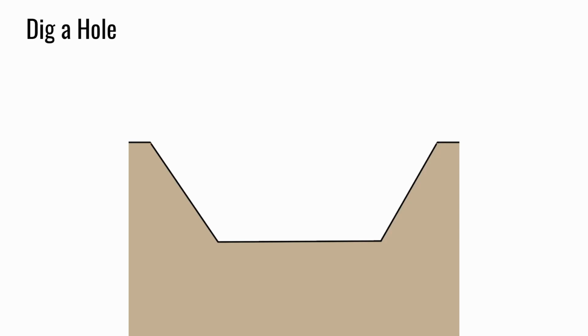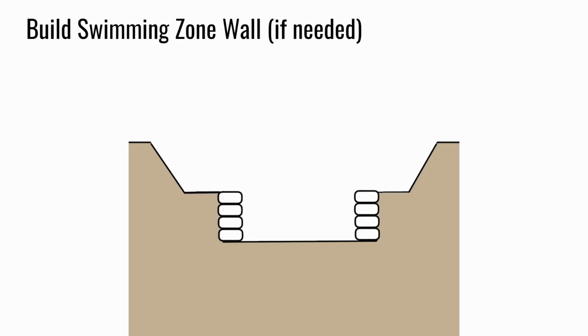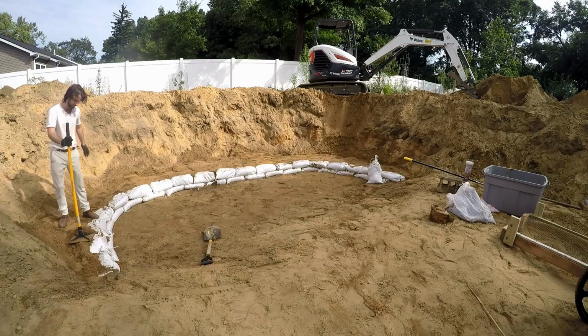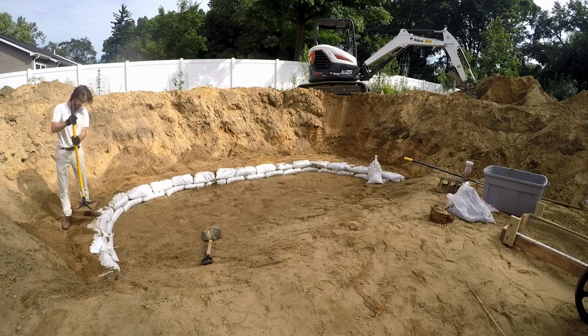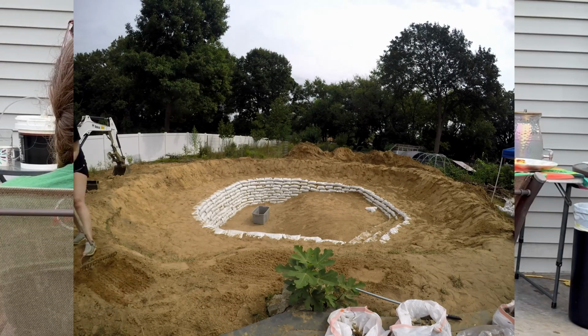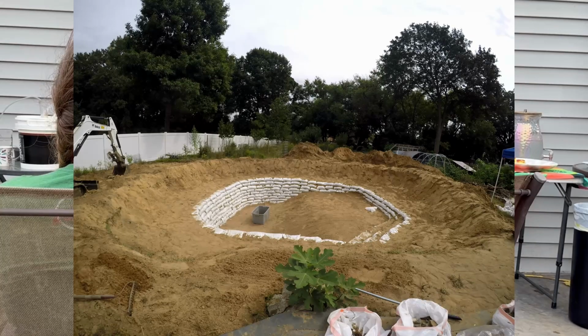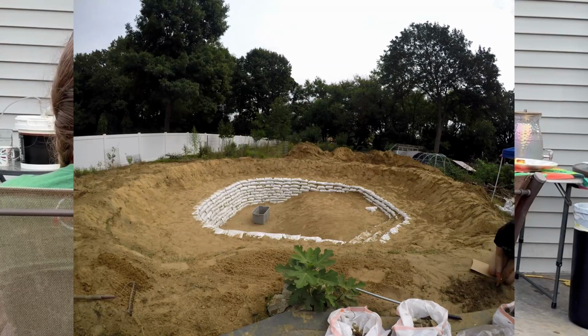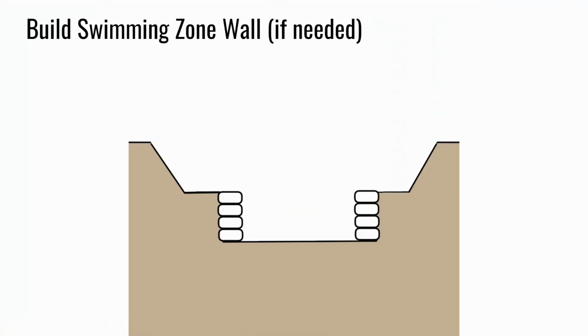At least in my case, I shape that later with these sandbags. So this is all under the liner. I made a sandbag wall surrounding it. The only real reason we needed a sandbag wall is because we're limited on space back here. If you're in a more rural area, you have more land, you can just spread this out, have gentle slopes, and that way you can get down to a 6-foot depth without needing vertical walls like this.